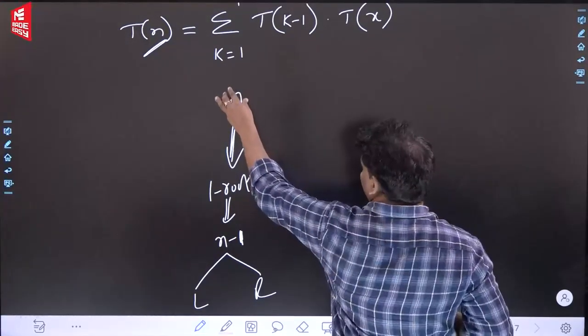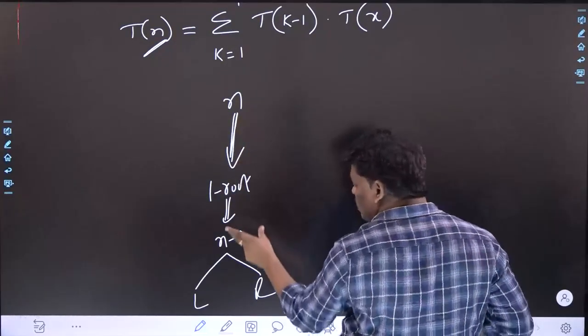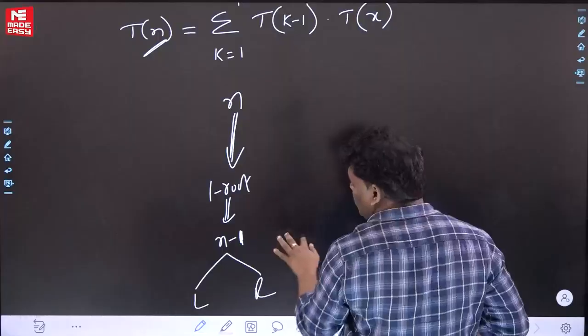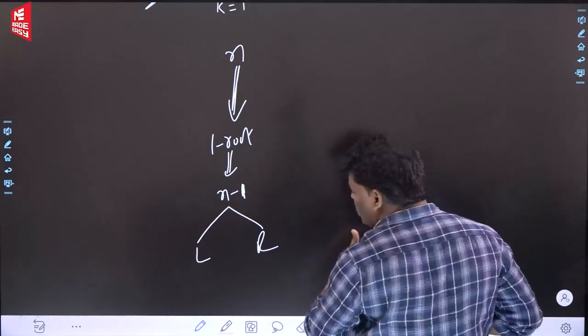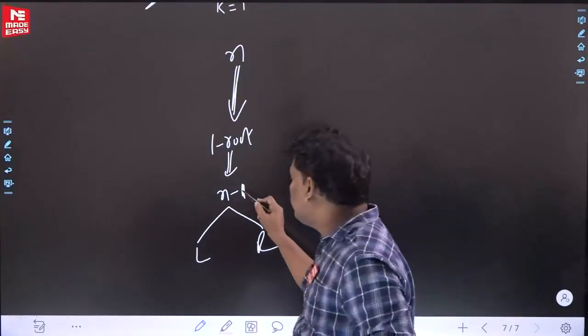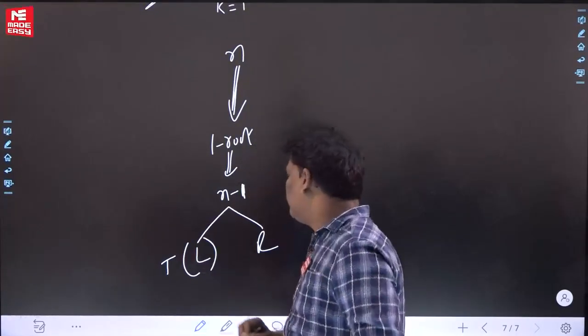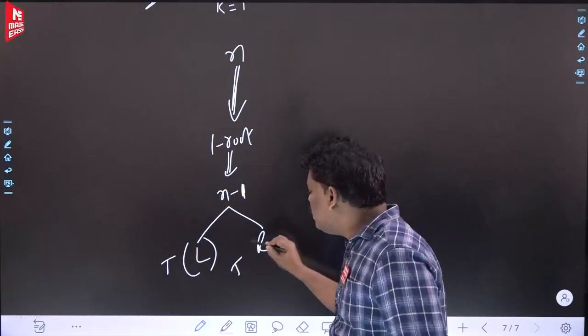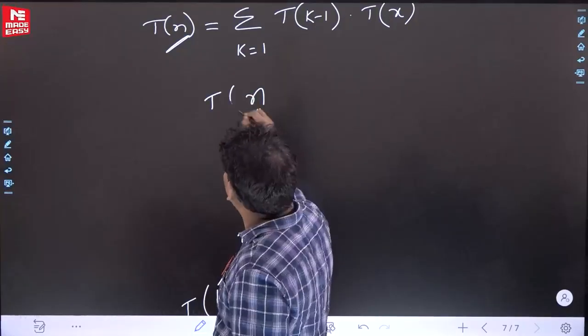Total nodes are n. Out of those n nodes, one person is root, remaining is n minus 1. Those n minus 1 people divide into two parts. Some people keep left side, some people keep right side. With the left people, the number of BSTs possible is TL. With the right people, the number of BSTs possible is TR. With the n nodes, the number of BSTs possible is Tn.